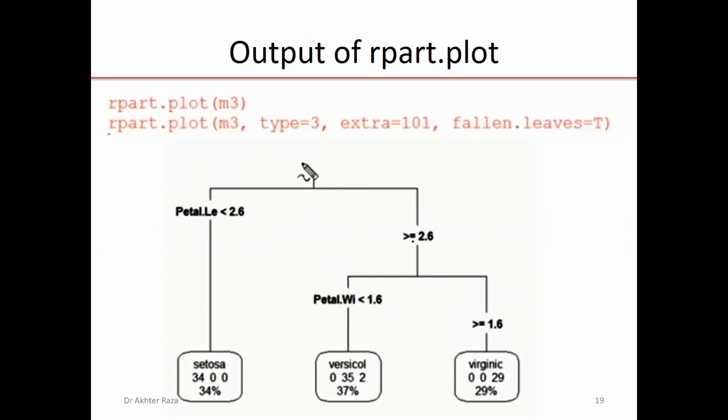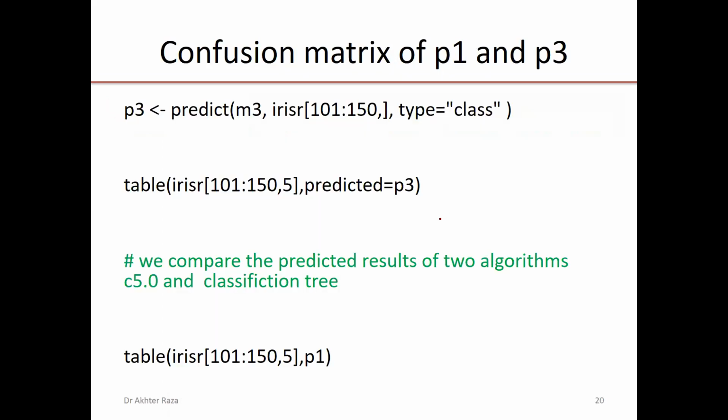If it is greater than 2.6 and Petal.Width is less than 1.6, it is versicolor. Versicolor has 35 elements, which is 37%. And if it is greater than 1.6, there are 29 items which are virginica, which is 29%. So we have this tree from the rpart command.